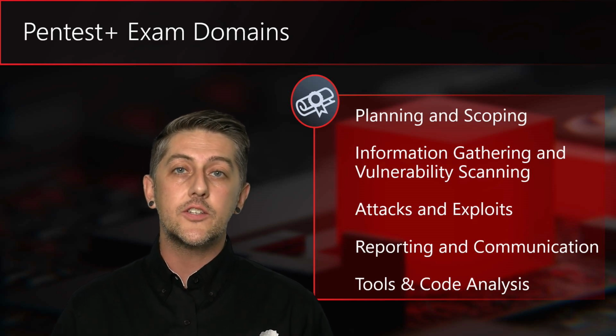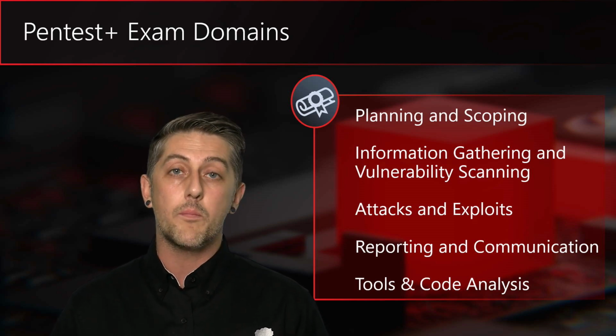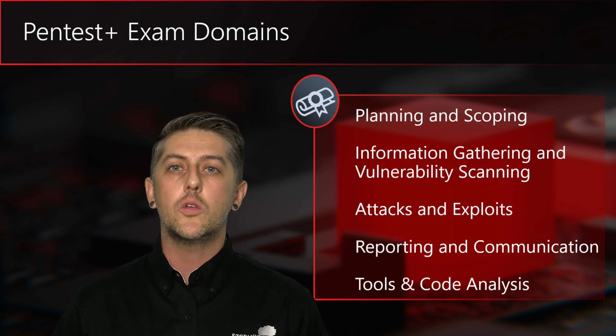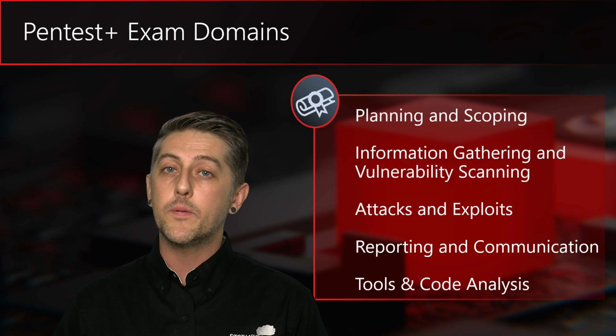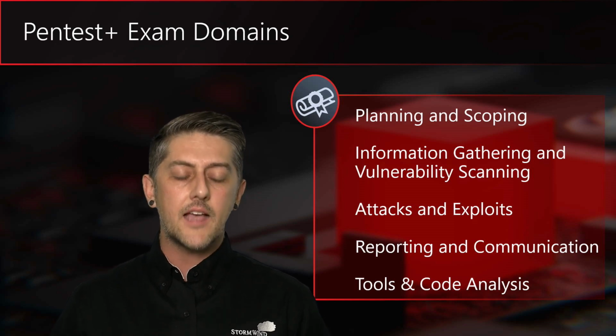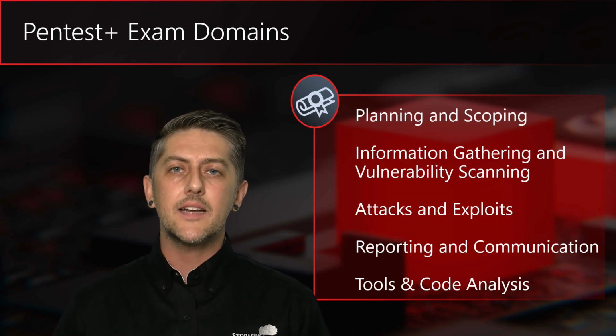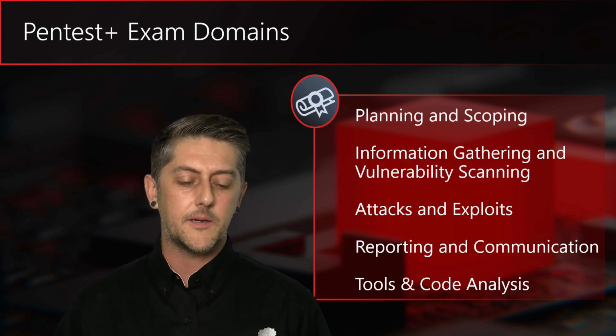Next, we'll venture into information gathering and vulnerability scanning. I will show you the latest tactics, techniques for OSINT or open source intelligence gathering, as well as tools, tactics, and techniques needed to unearth vulnerabilities that are just waiting to be exploited.